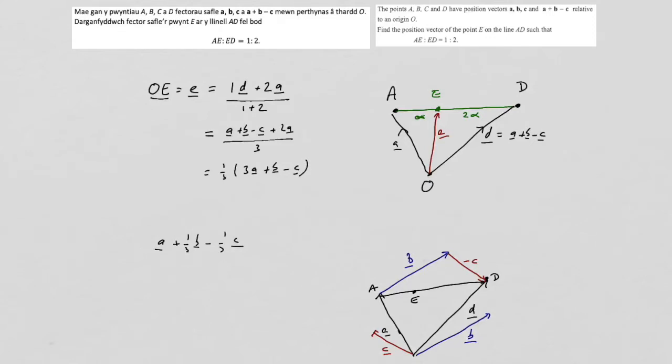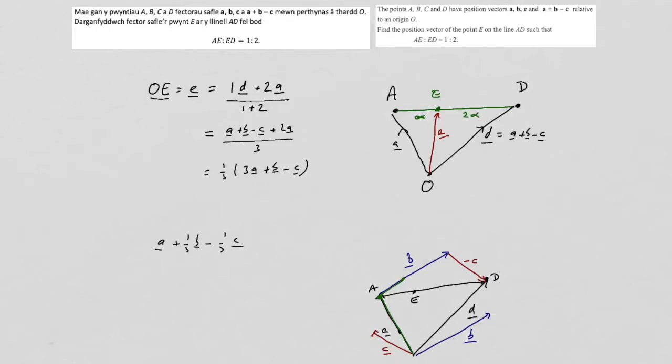So in green now, if we actually roughly do that, if we do our A, that will take us up to here. If we do a third of B, that's roughly there.